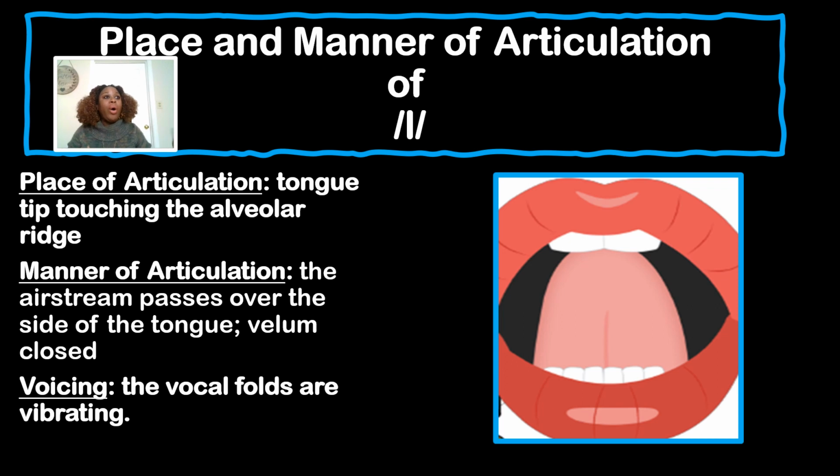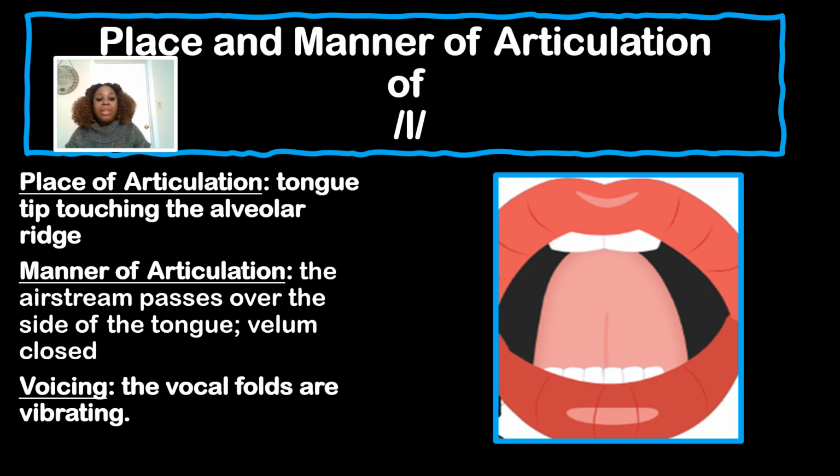And depending on where L or R is in a word, it can have the feel of a vowel, even though we have positioning of the articulators to cause a blockage of the airstream to still produce a consonant sound. So if there's something about that you don't understand, I stress to you to make sure that you go back and look at the video about all there is to know about articulation.